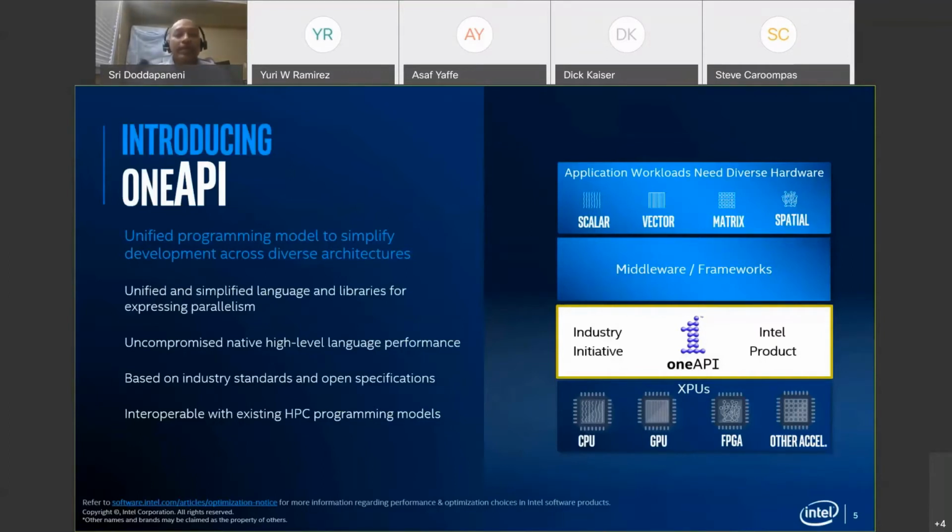Essentially, you can think of oneAPI as a data parallel programming model where the parallelism is much more explicit and easy, so that the compilers, libraries, and tools can take the expression of the parallelism intended by the developer and map it to fully utilize, for example, a GPU, where you have a large number of execution units.